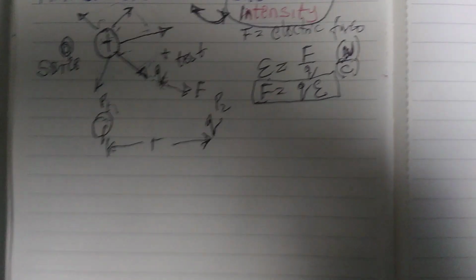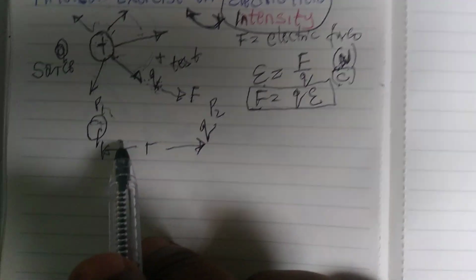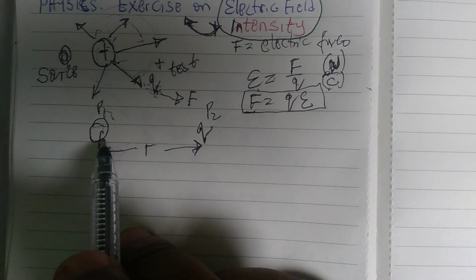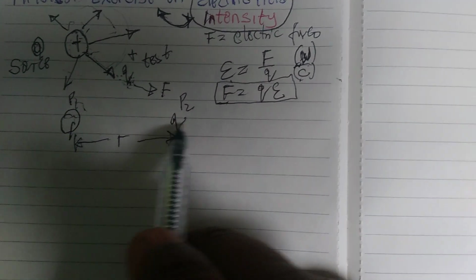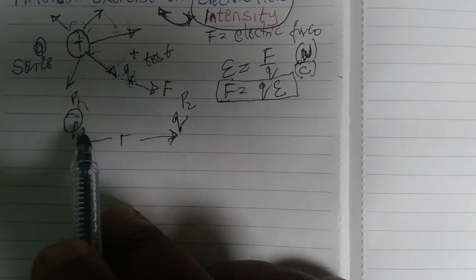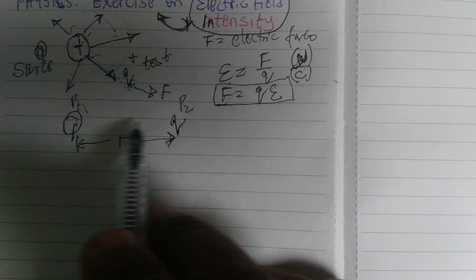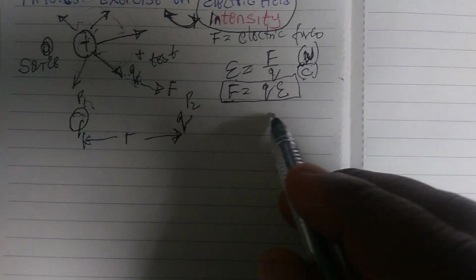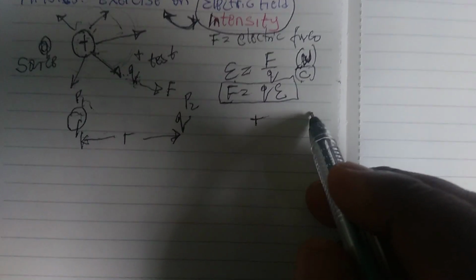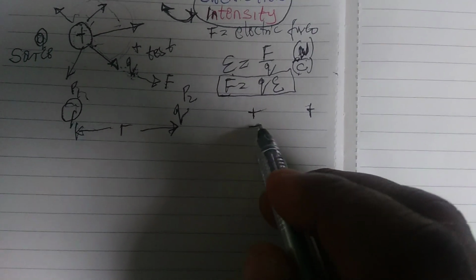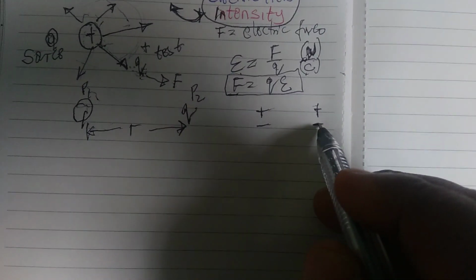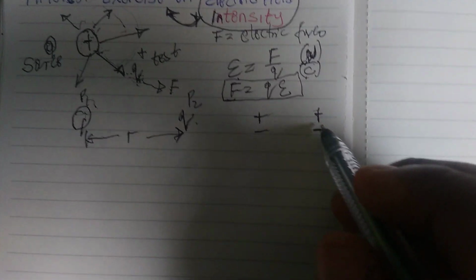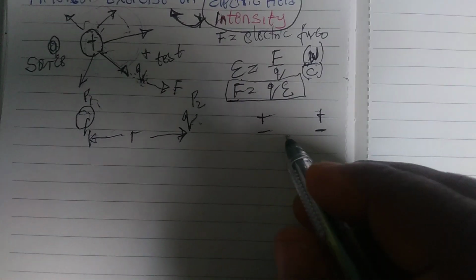Now when these charges are close to each other, they will impart electric force on one another. The electric force between these charges may be a repulsion force if the two charges carry the same sign, when the first one carries positive and the second one carries positive, or when both carry negative charge. That will be a force of repulsion.